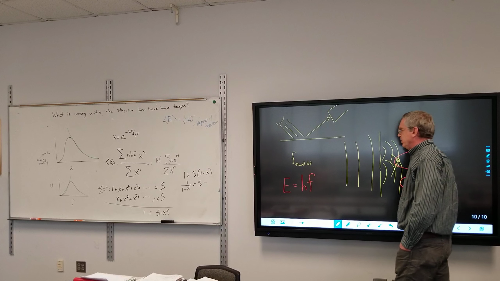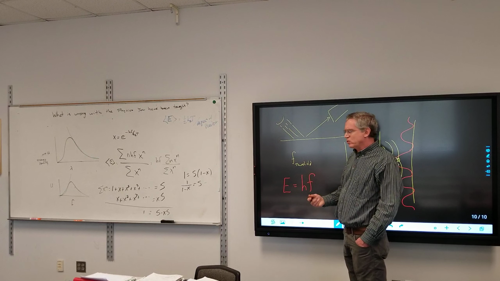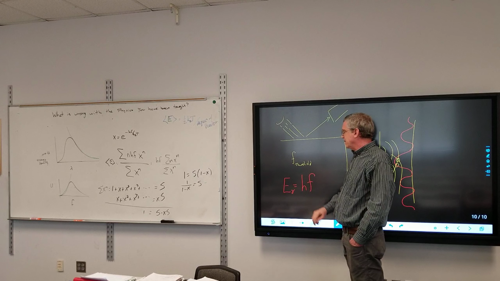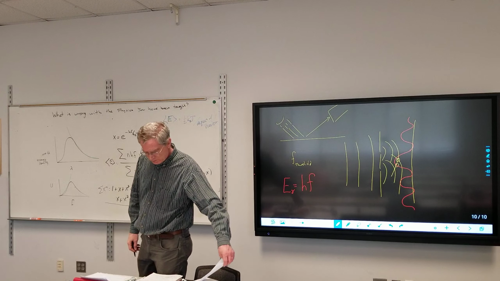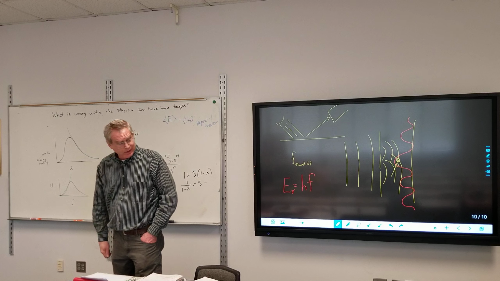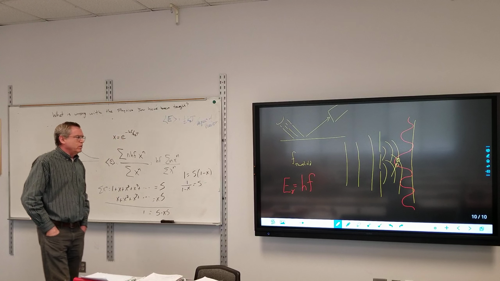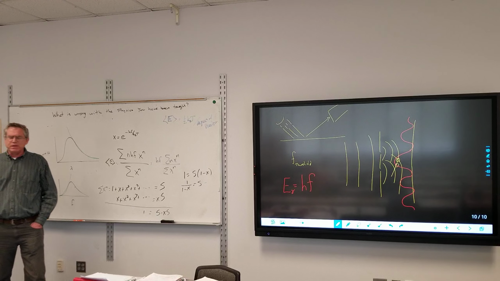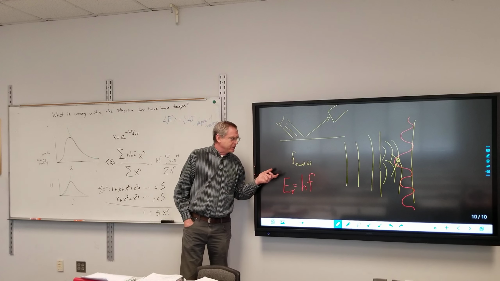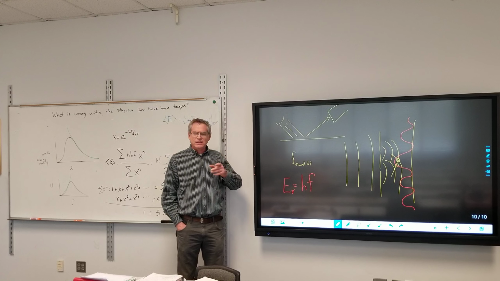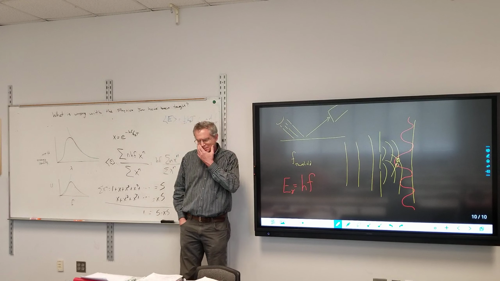I'm going to put the little symbol down here to represent the electromagnetic waves. It's really the gamma. And so now, not only does energy seem to be discrete, but if we combine it with the photoelectric effect, we now have this idea that light sometimes behaves like a particle.